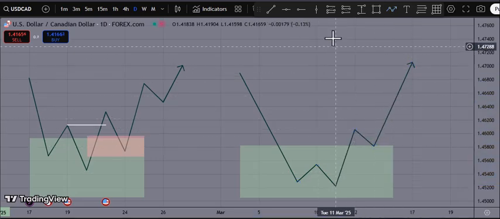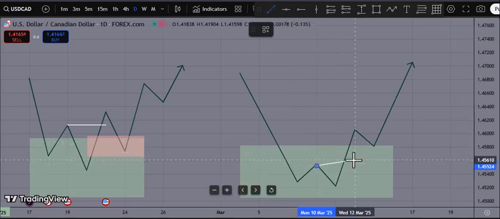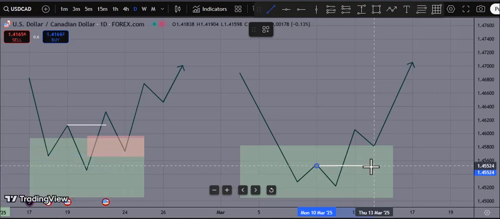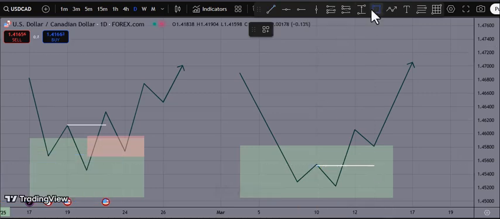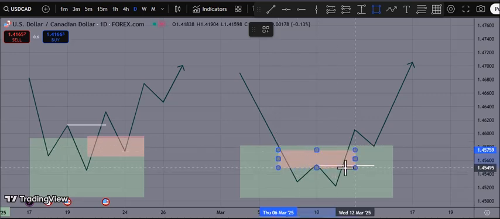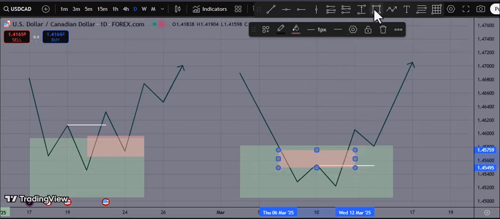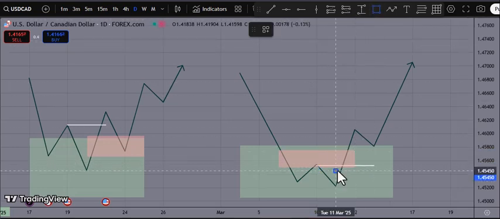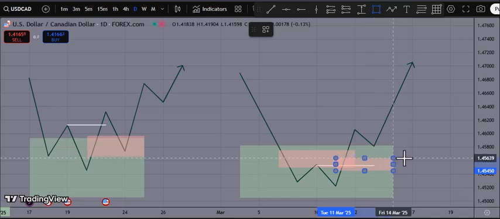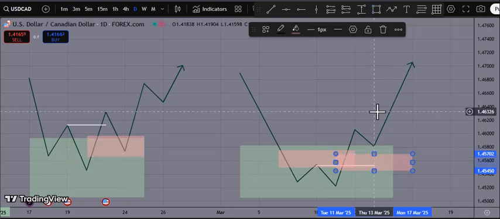So what happened here is that this very point is a high, and then we have a fair value gap on this leg coming into this PDRA, and then we'll also have another fair value gap on this leg going out of this PDRA.